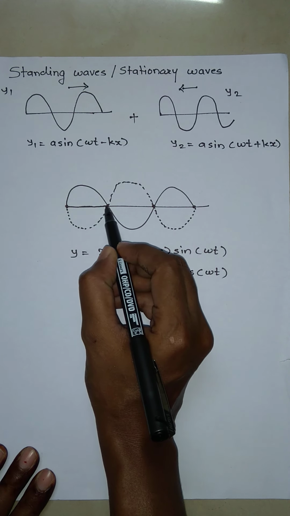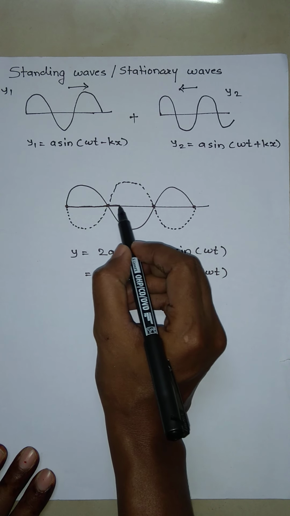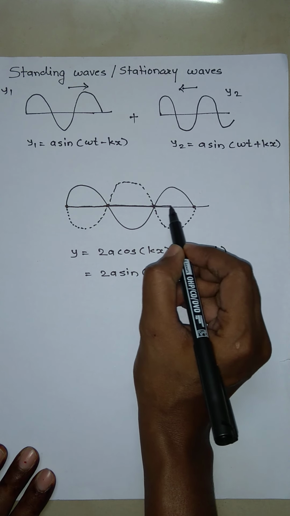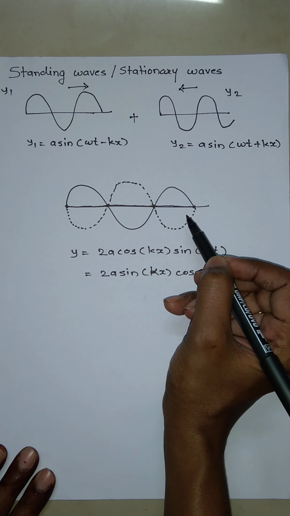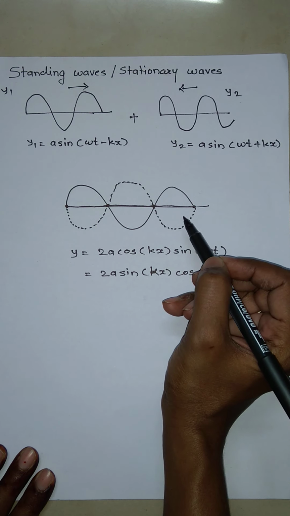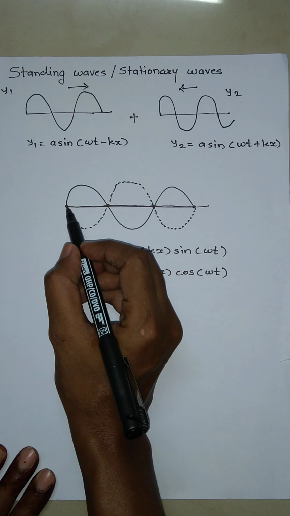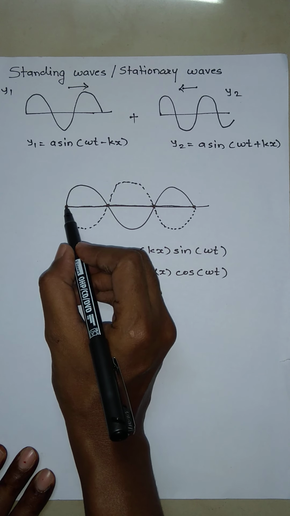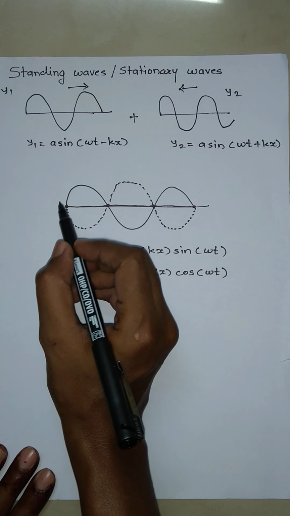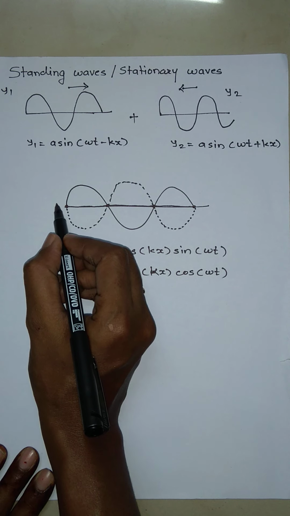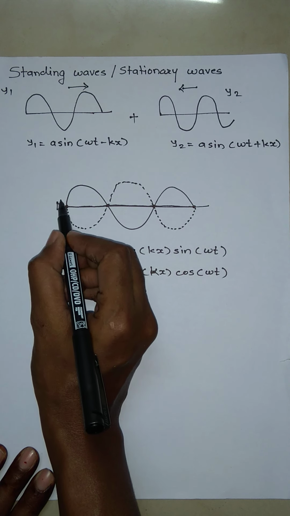This one is one loop, this one is another loop, this one is the next loop. The points where there is minimum displacement of particles, rather no displacement of particles, are known as nodes.